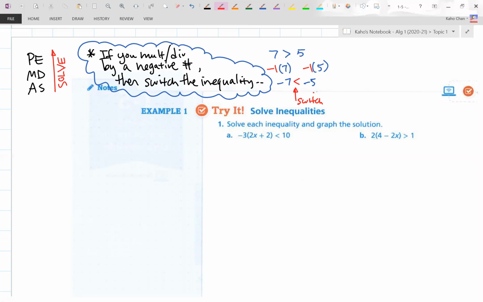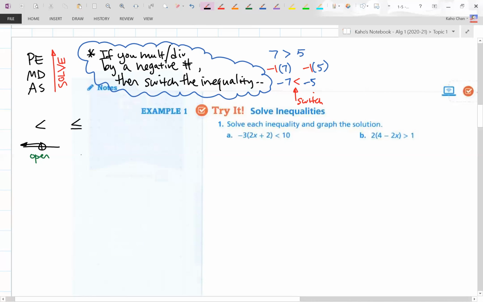All right. We're asked to solve and graph each inequality in one variable. Some reminders about which way to shade. This is, of course, less than. When you graph it, it's an open circle to the left. You follow the arrow. If your inequality is less than or equal to, it looks like this.